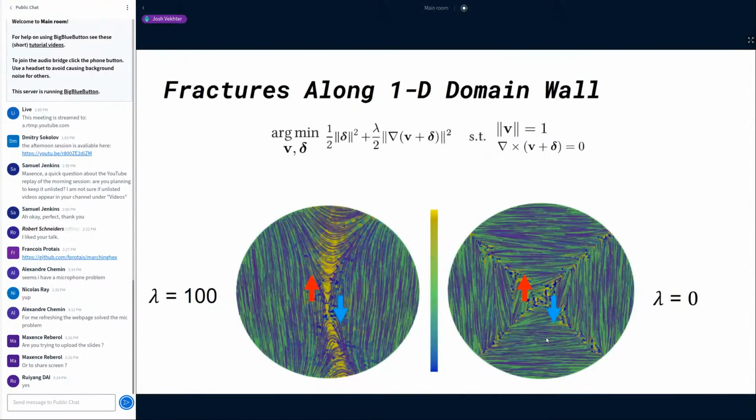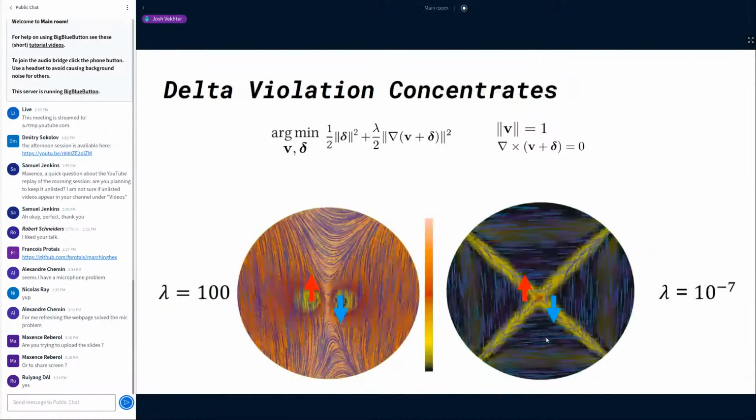And then if we quench the smoothness down to 0, we get this fracturing behavior, which is also kind of nice. Furthermore, right before we set lambda to 0, we see that the delta term, so the place where the field is not unit, concentrates near these domain walls. So it's basically everywhere close to unit except on the domain walls.